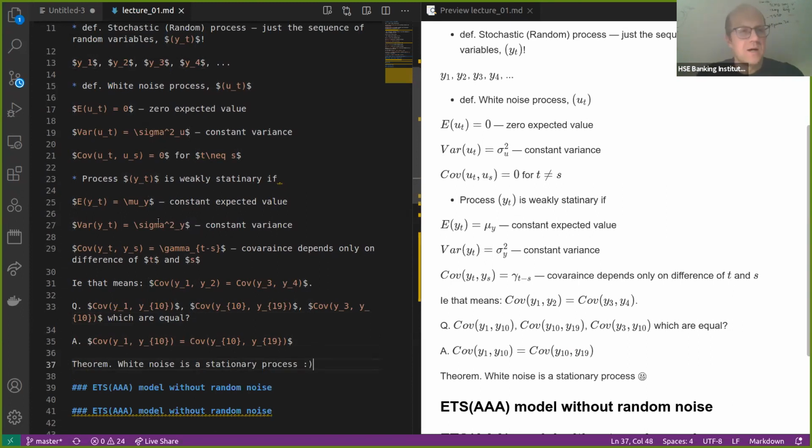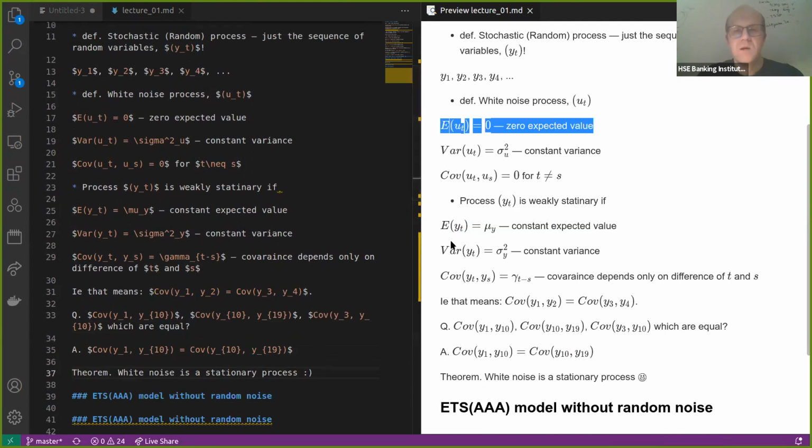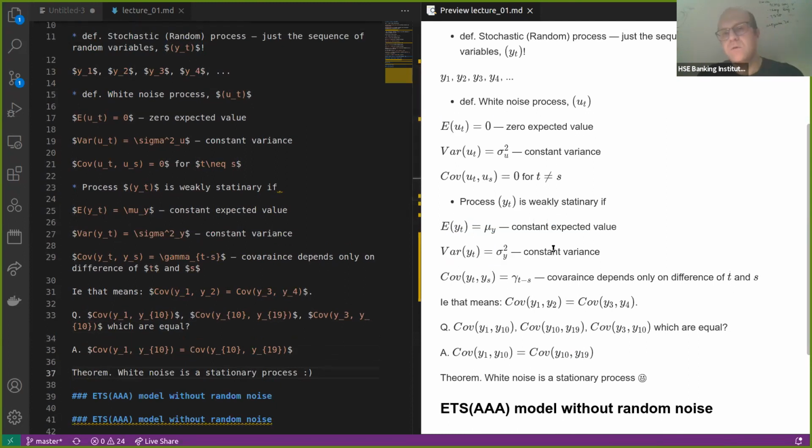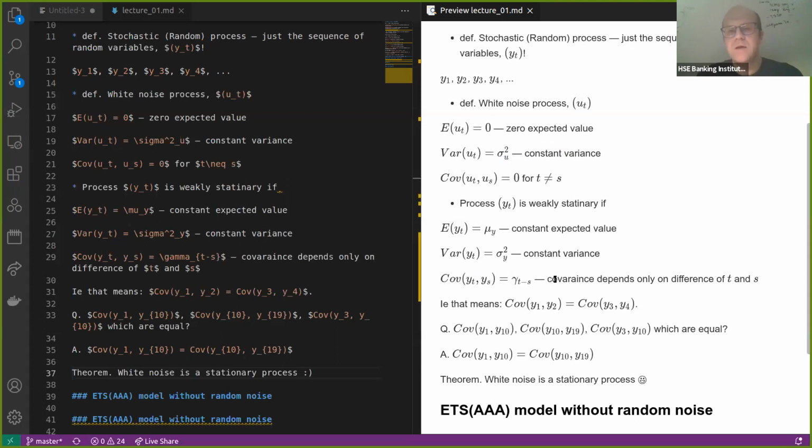Why is it so? Let's look at the definition. In a weakly stationary process, we need constant expected value. In a white noise process, we have zero expected value. That's okay. Variance should be constant for a stationary process, and variance is constant. Covariance should depend only on the time difference between two observations, and it's zero, so it's okay.